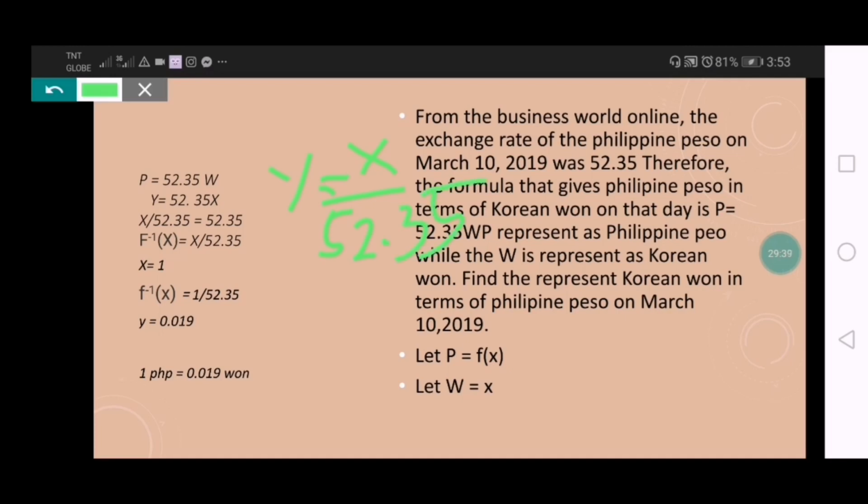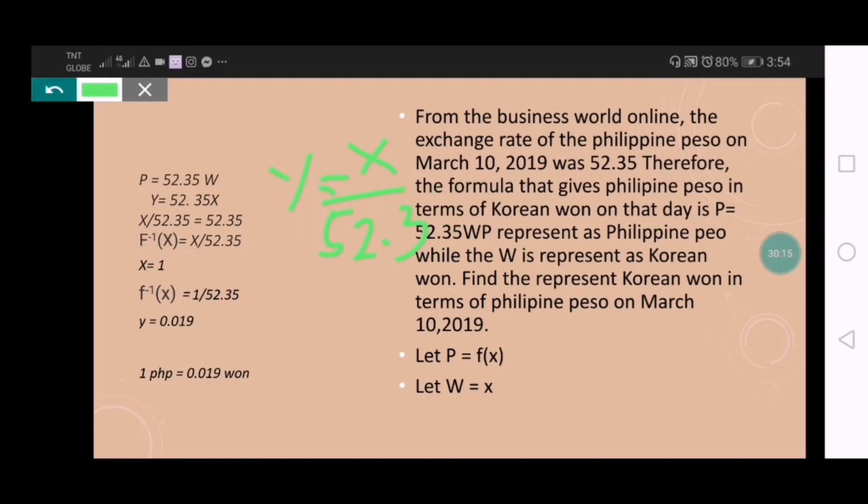Okay, that will be the remaining after we divide both sides by 52.35. So now, since we are finding the inverse, we need to change y into its inverse, which is f inverse of x is equal to x over 52.35.